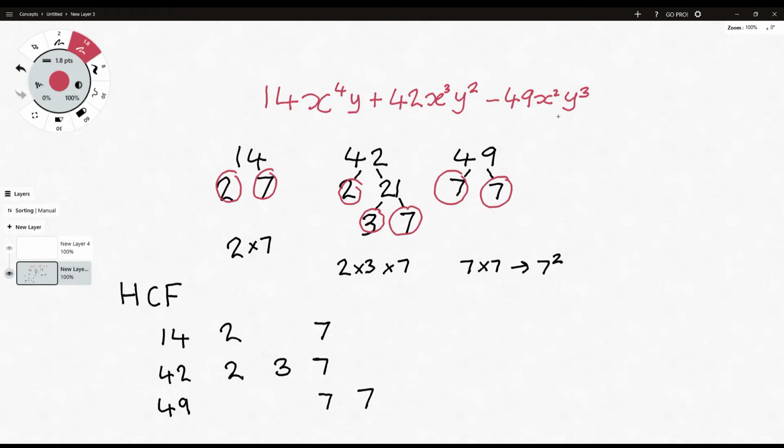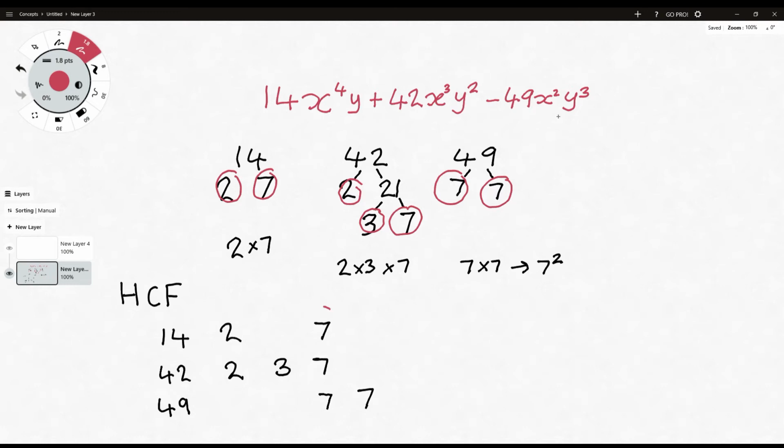I'm just changing my pen to red. To find the highest common factor, we look along the columns for any number that is present in all 3 rows. 2 is only present in 14 and 42, so that isn't much use. Likewise 3 is only present in 42. However, we've got a single instance of 7 in all 3.